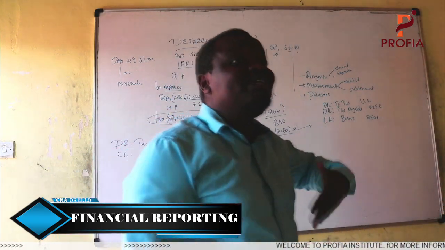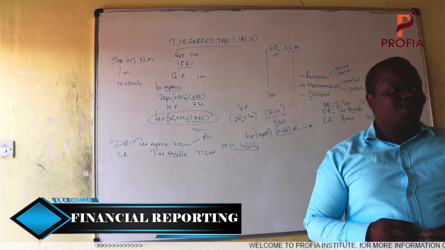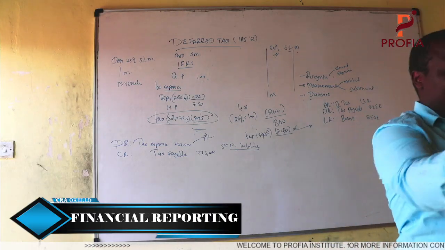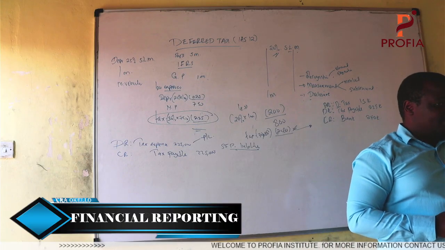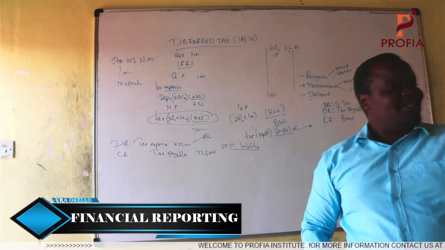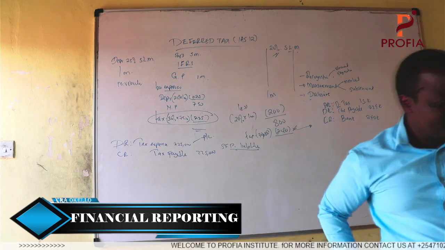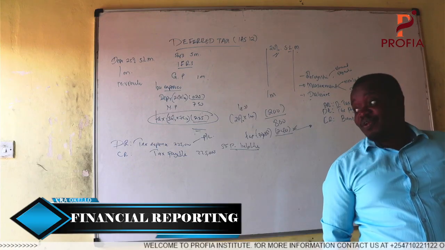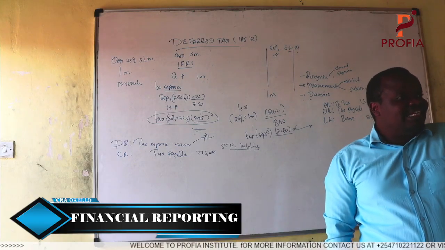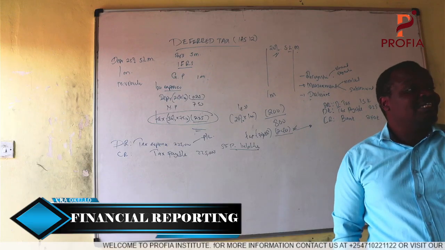Because you have spent money you did not have, you had not budgeted for it. You are going to recover it in future. Do you get it? If I tell you now to give me 20,000, you don't have it, and then you find you have paid 20,000. What has happened? You spent money you did not have. So generally, you have acquired an asset you did not have, and you've already spent it.